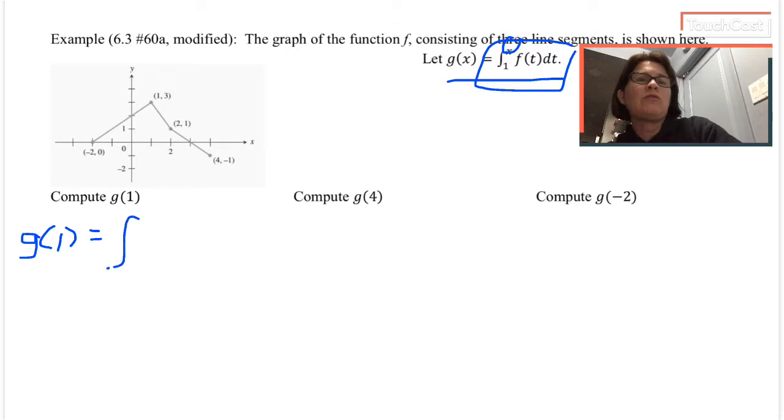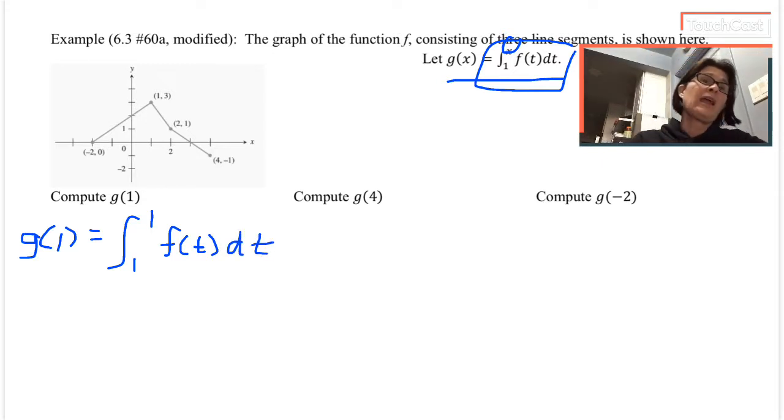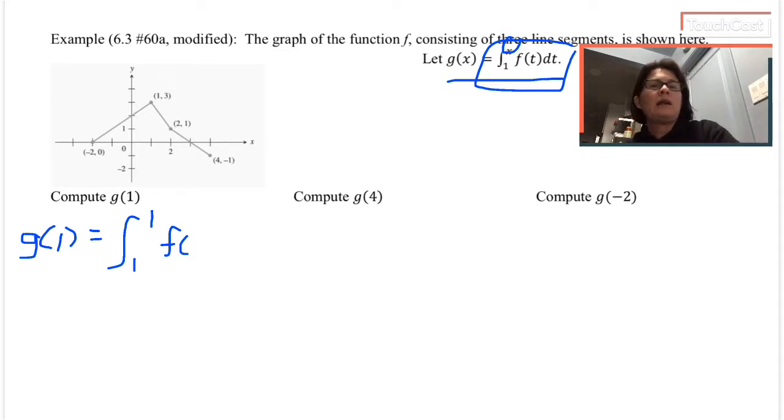This will be the integral from 1 to 1 of f of t dt. Notice that a common error would be to replace any variable that you find with 1. Some people erroneously write, oh, I'm going to plug in 1. That means I'm going to replace this with 1.